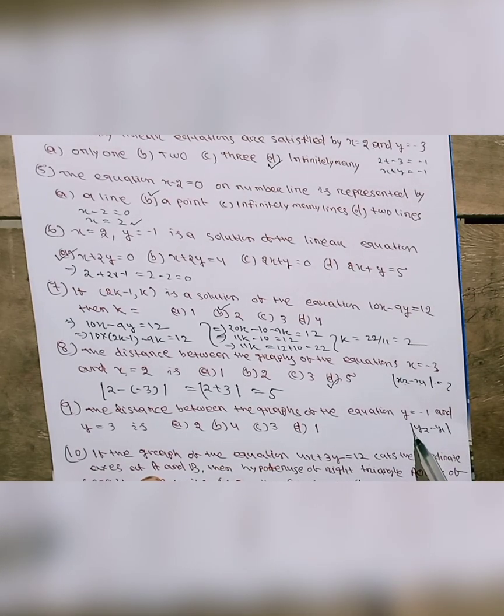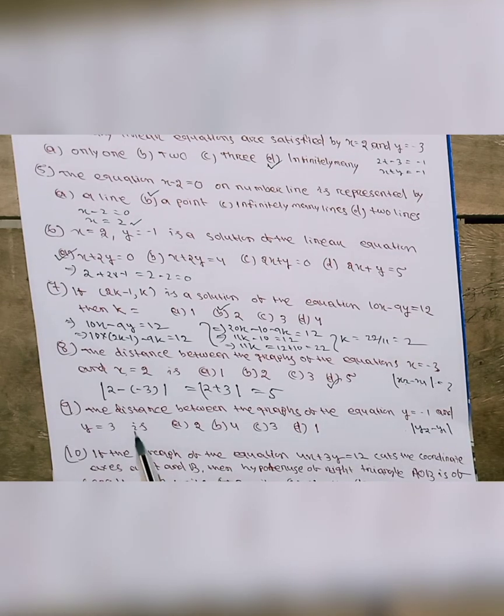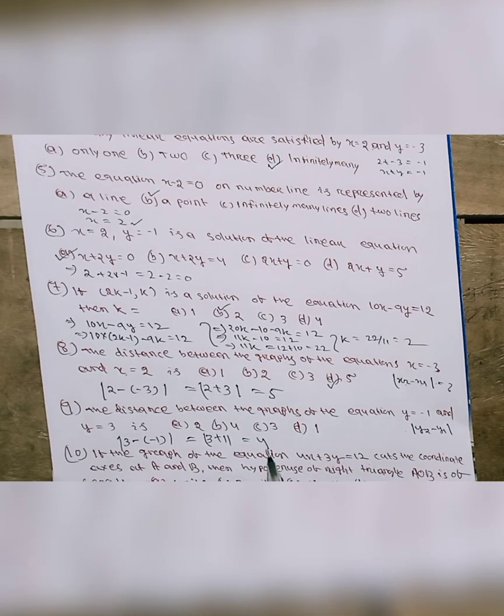So mod of 3 minus minus 1, which equals mod of 3 plus 1, which equals 4. So option B is right.